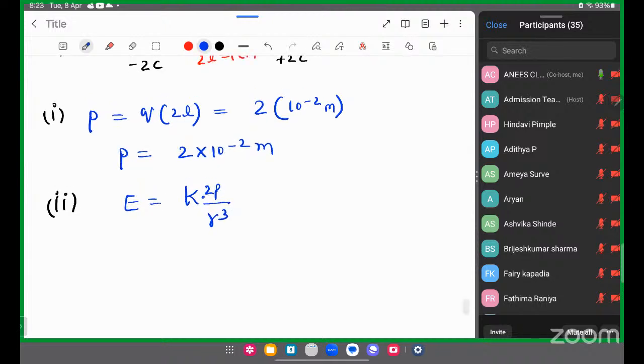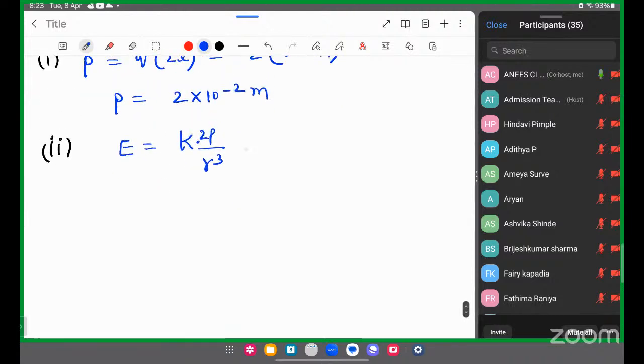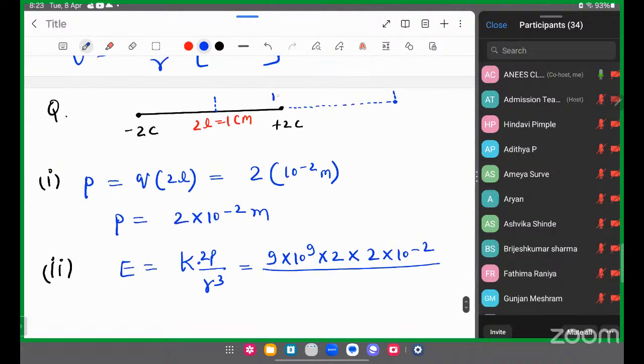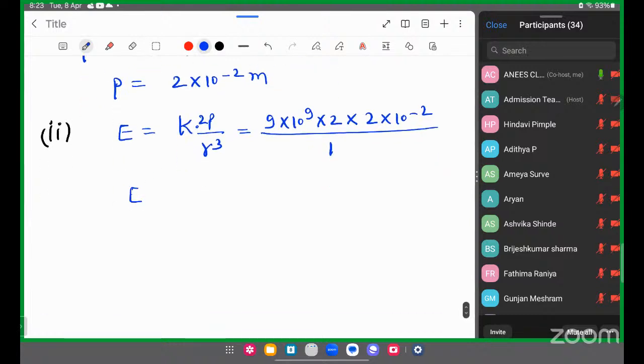If we are on the axial position, the formula is K into 2p upon R cube, which means this will be 9 into 10 raised to power 9 into 2 into the value of P, 2 into 10 raised to power minus 2, divided by R, which is given as 1 meter, so 1 meter cube is 1. We can simplify it. This will be 36 into 10 raised to power 7, which means 3.6 into 10 raised to power 8. Understood?